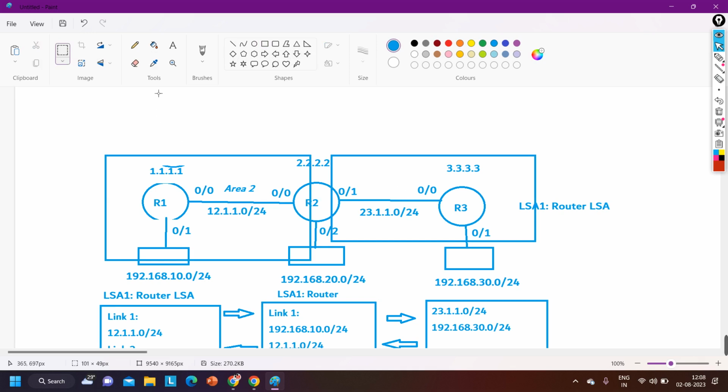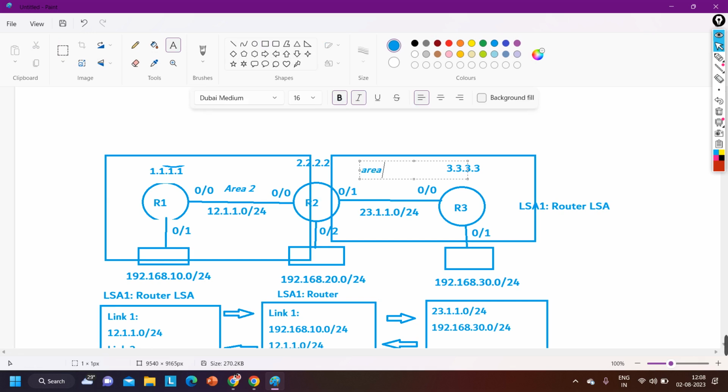So if this area is, let's say, area 0, now LSA1 of area 0 cannot come in area 2, and LSA1 of area 2 cannot enter in area 0. But we don't have a problem because this router is my ABR, and the ABR will generate LSA3 to share inter area prefixes. Getting my point?